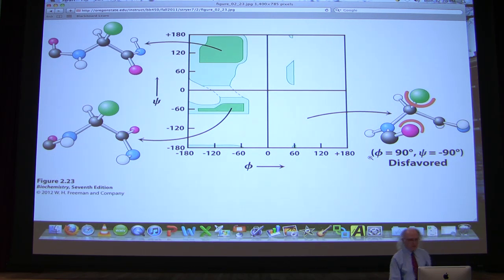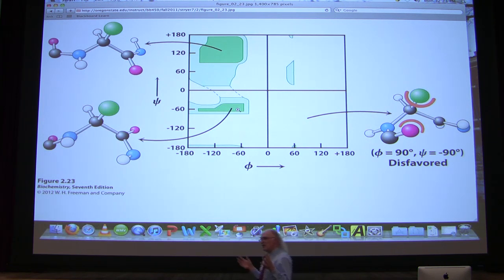And what he found was that there were two major regions. One was right here, and one was down here. Okay? No, you're not going to memorize those angles or any of that sort of stuff. But this is interesting. A good deal of that space that was possible for rotational angles gave rise to structures that were not very stable.